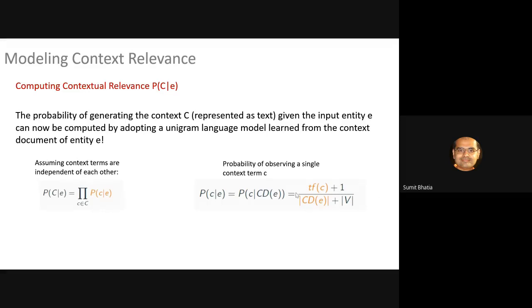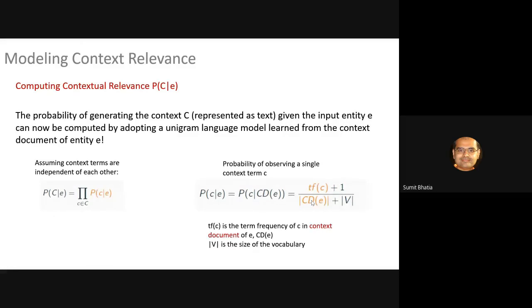Basically, if the Steve Jobs context document contains multiple occurrences of Apple, then obviously the probability of generating Apple from the model of this context document will be high. That is the intuition observed here, along with the term frequency and the vocabulary.